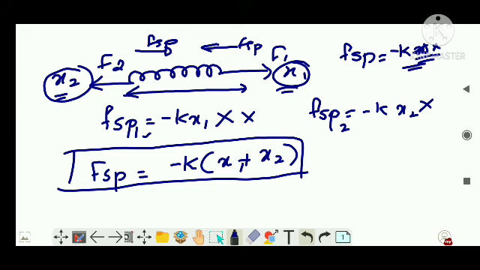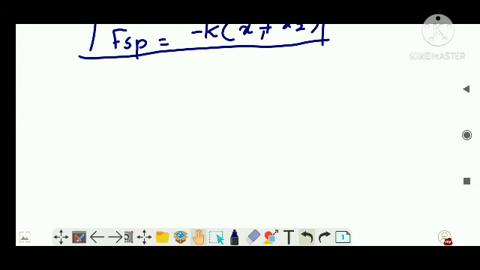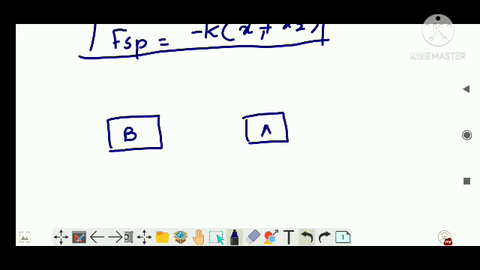Whatever length change you are making is taken as an addition, but obviously you have to consider the direction. I'll tell you an example. Suppose there is a block B and a block A, and there is a spring in between. Let's say the spring constant is 100 Newton per meter; force per unit length is the unit of k.